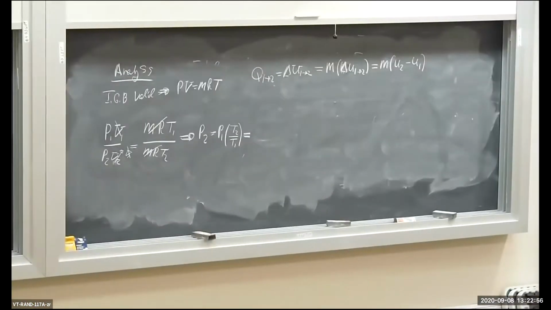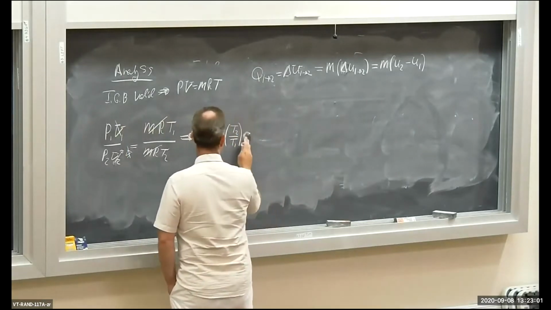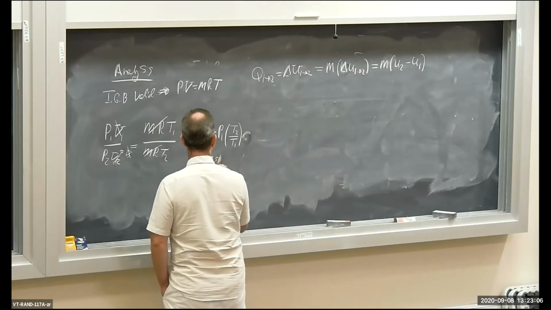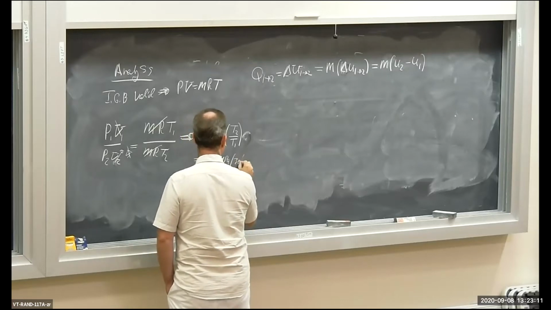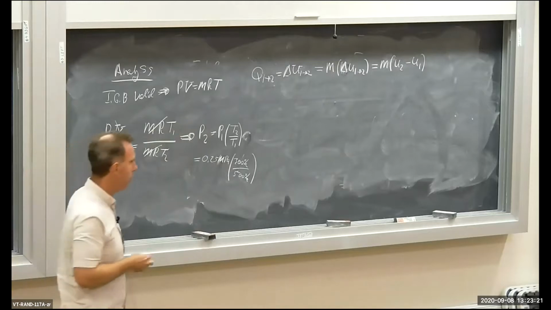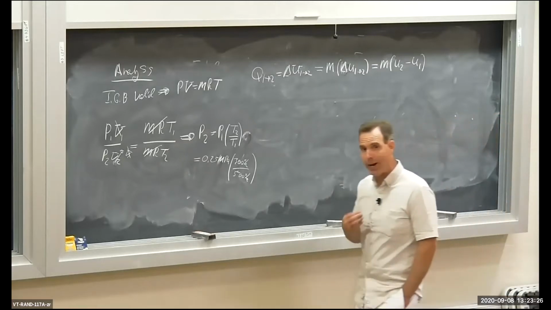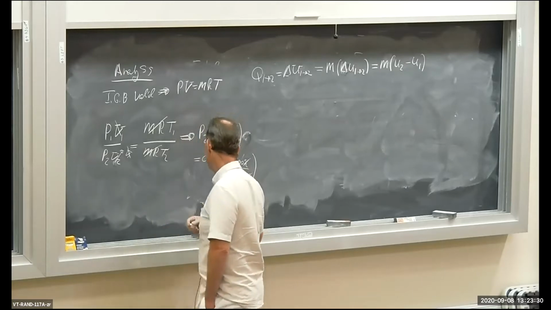So I know everything. Remember, whenever you're using the ideal gas law, temperature is absolute, so it's got to be in Kelvin or Rankine. Kelvins cancel out, and I get megapascals.